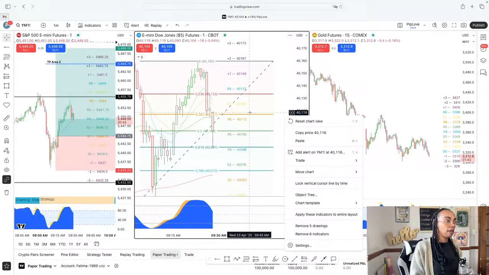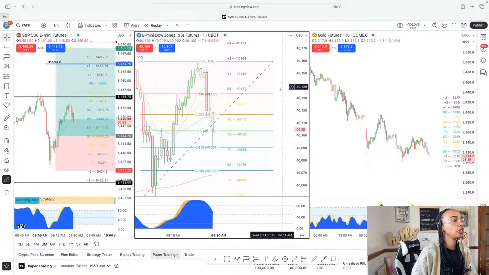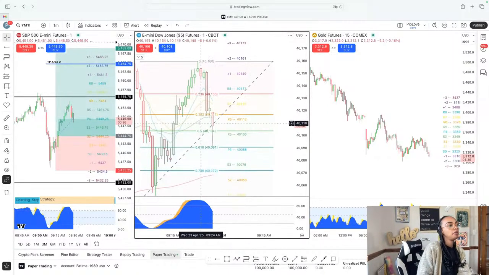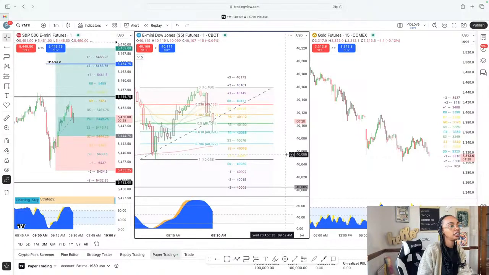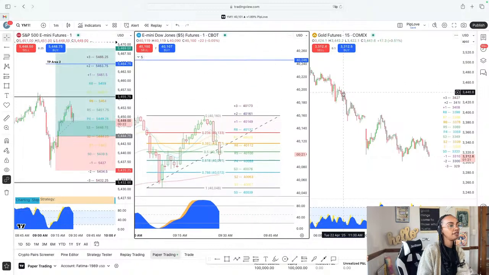I don't know what happened to my entry, my paper trade there. But remember, we're still waiting for this buy. So we're waiting for price to come back down to these levels. We have 2 minutes to the New York Open to give us a good entry back into that buy to this level here.